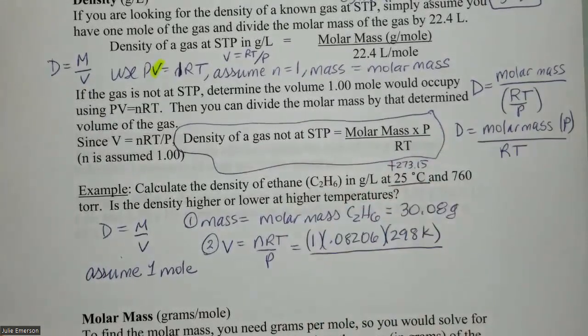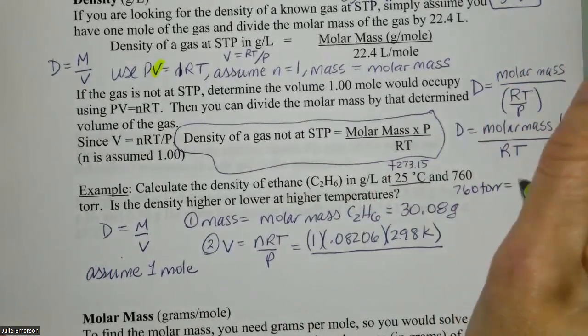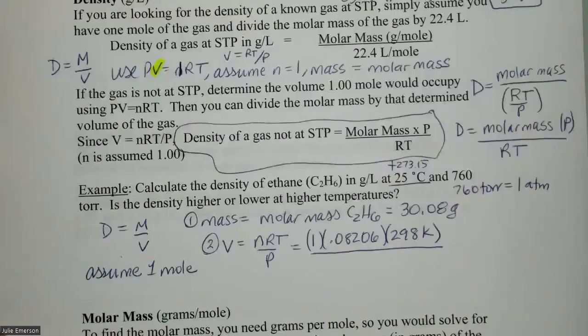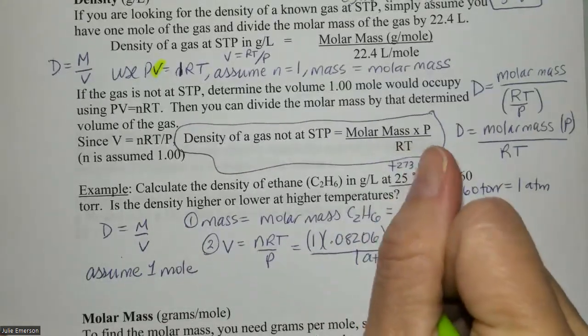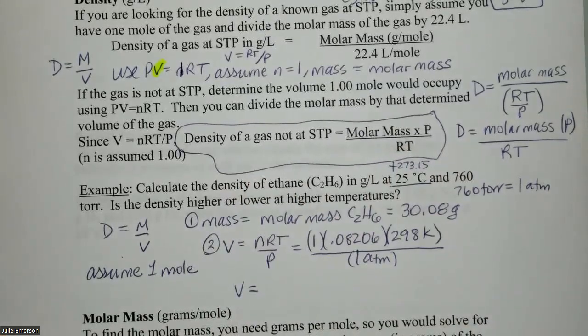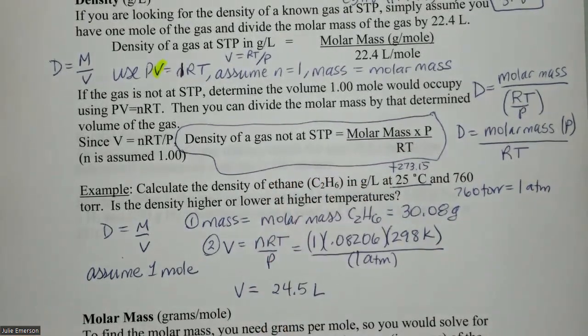And then the pressure was 760 torr, but 760 torr is 1 ATM. And remember, for PV = nRT, we've got to be in ATM. So we'd have 1 ATM here on the bottom. So the volume of this ethane, at least 1 mole of it, is 0.08206 times 298. And I get 24.5 liters.